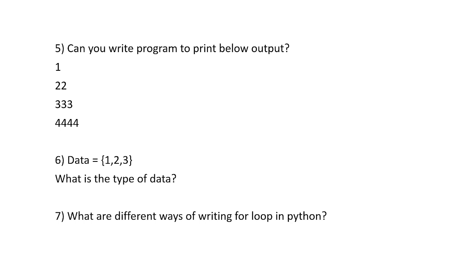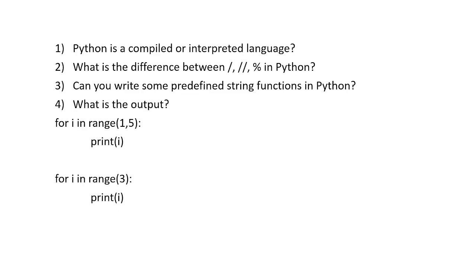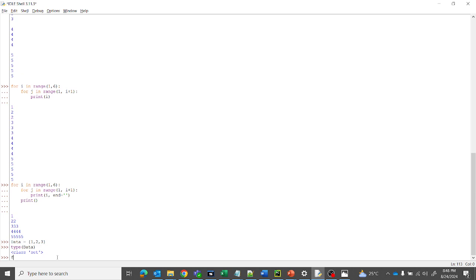What are different ways of writing the for loop? We have seen, right? So here two types are there. Okay, for I in range, two indexes we have to give, starting and ending. Okay, and the second one is the starting index is not given. So if it is not given, it will take it from zero. Okay, one more third is there, that is writing with a step, right?